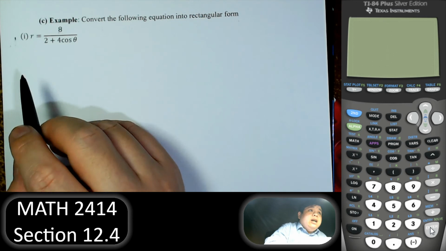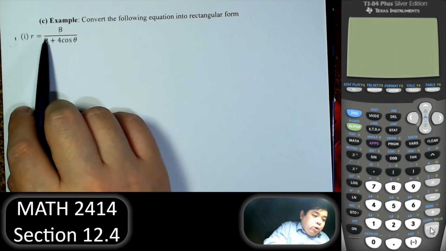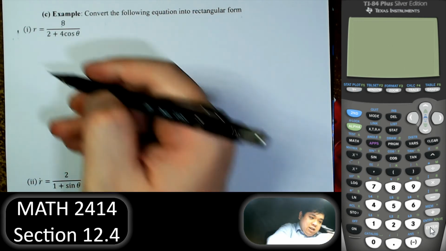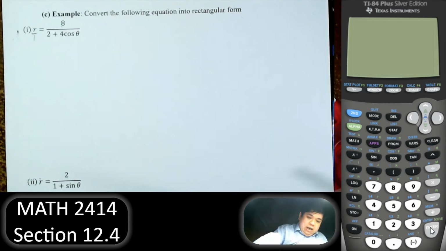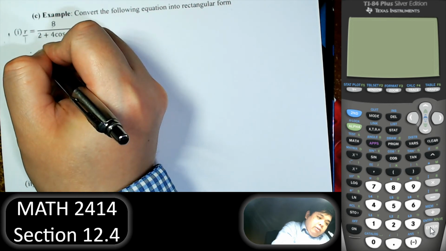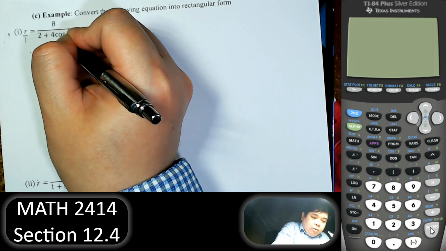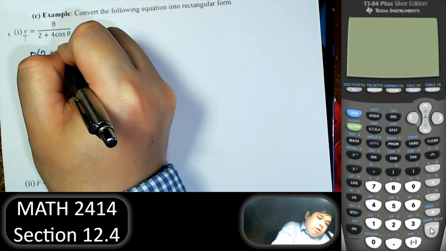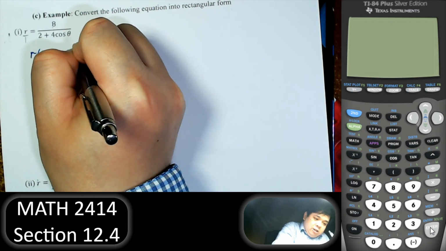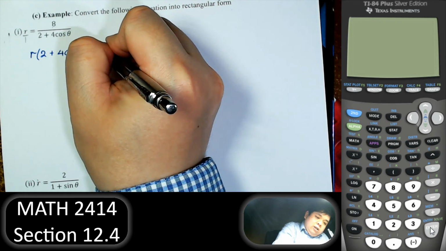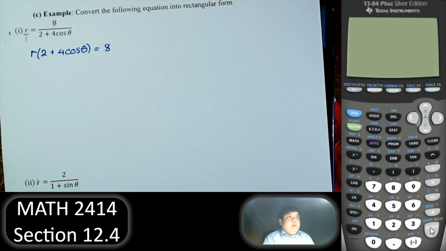Let's say in this case, we cross multiply. This is over 1, and then cross multiply. We have r times 2 plus 4 cosine theta equal to 8. Just cross multiply, and we have that.